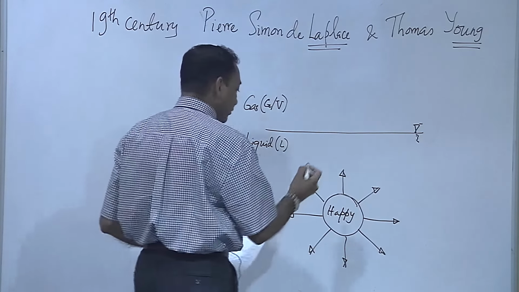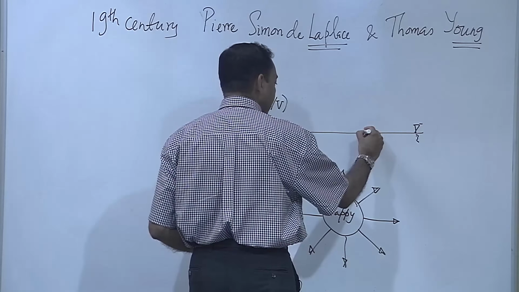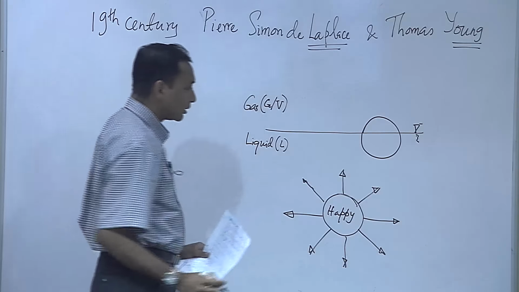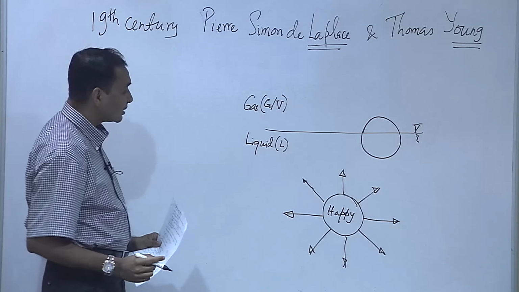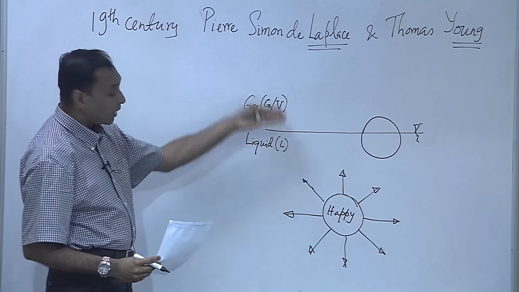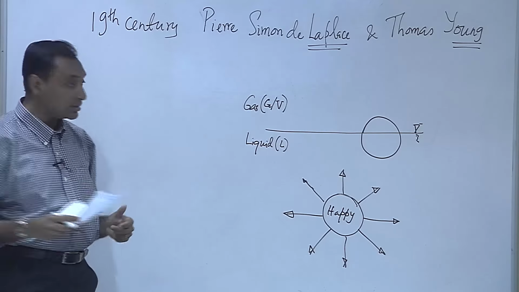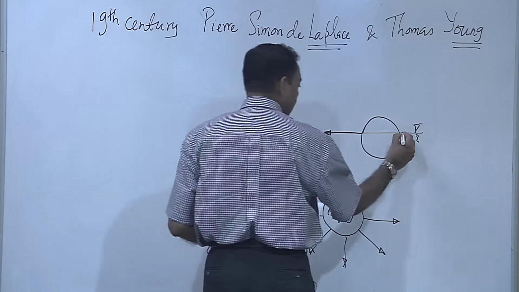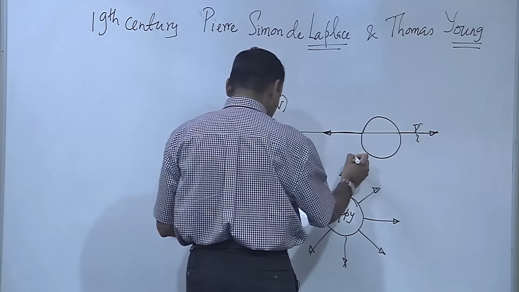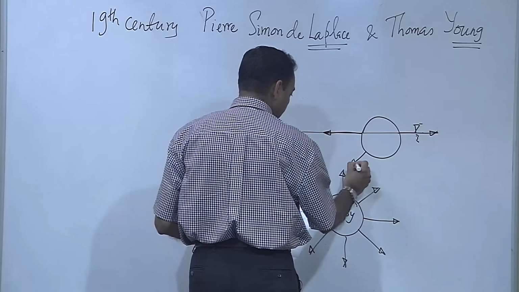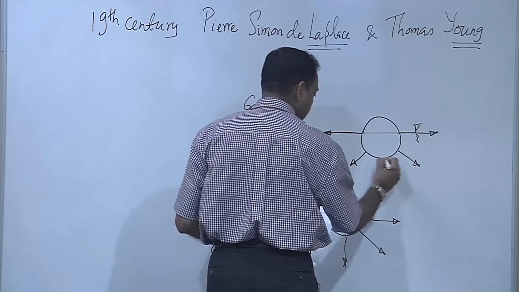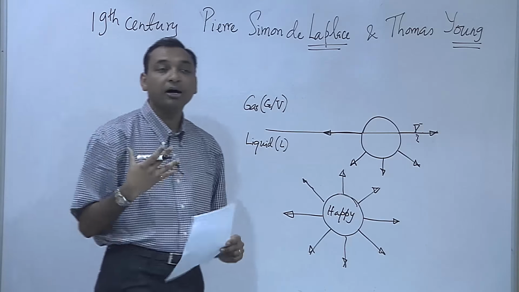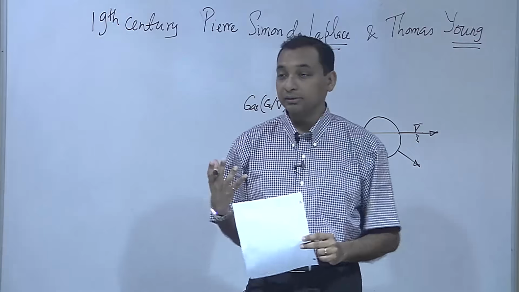Whereas if I look at the water molecule which is sitting at the interface, partly in the liquid and partly in the gaseous or vapor phase, you have the attractive forces only on the half part of the water molecule, okay?